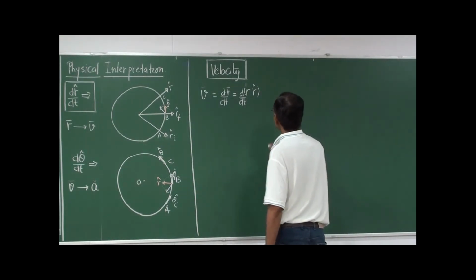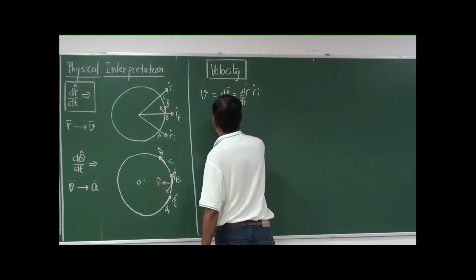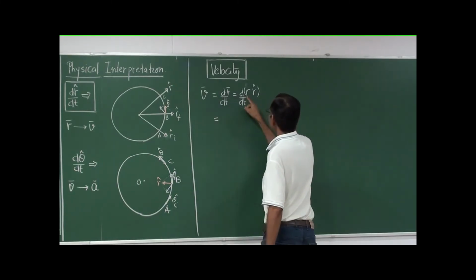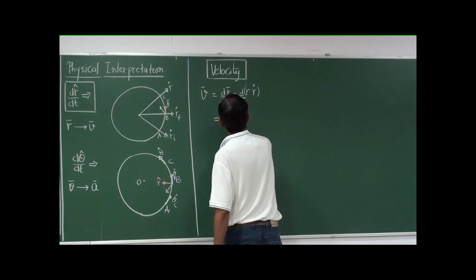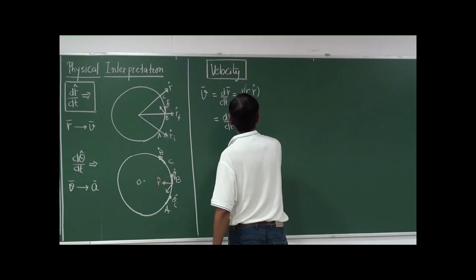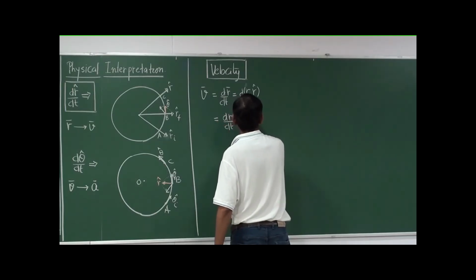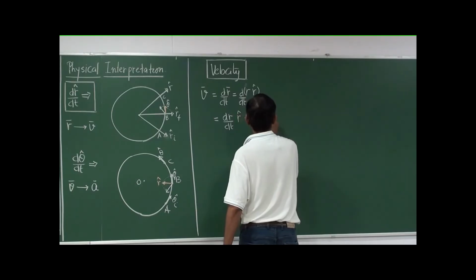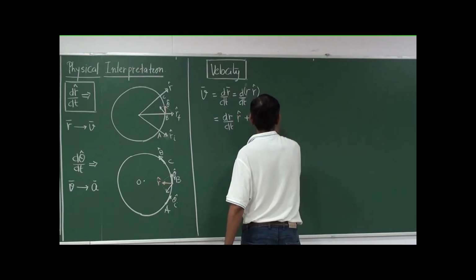So let us calculate that. d dt of r r cap is dr by dt r cap plus r dr cap by dt.